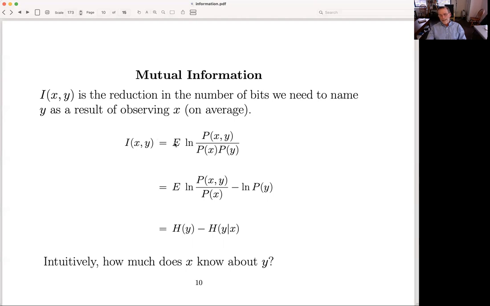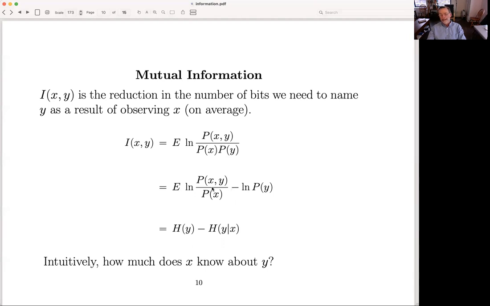So it's technically defined by this formula. It's the expectation over drawing X and Y of the log of their joint probability divided by the product of their marginals. And you can rearrange these terms this way. You can pull this P of Y out.